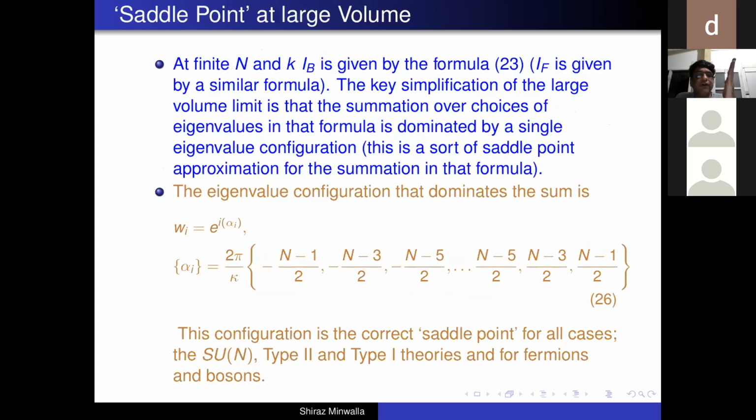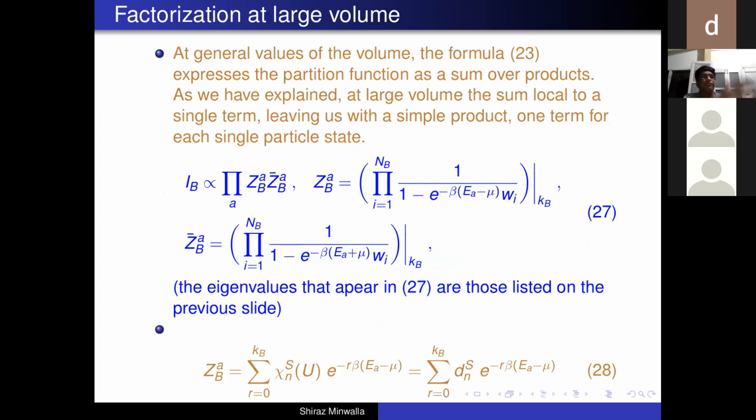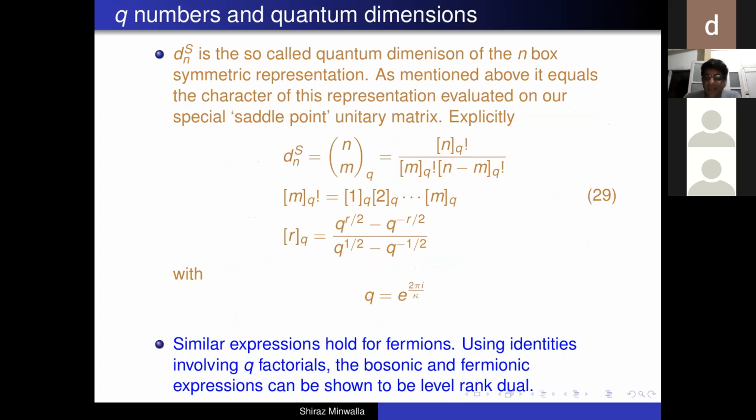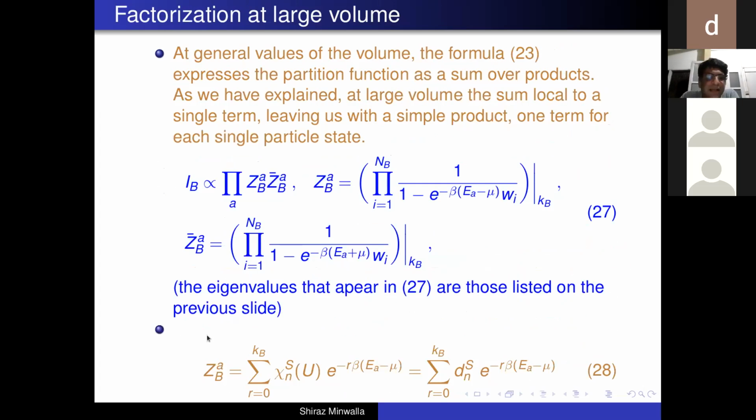And so the partition function in some trivial way becomes a product of single particle partition functions. Therefore, the full partition function becomes a product over partition functions, one associated with every state. The explicit partition function per state is given by this formula.